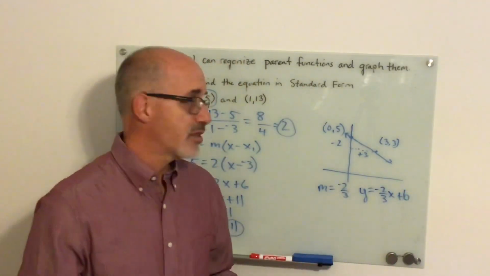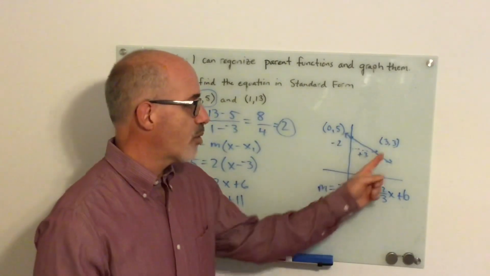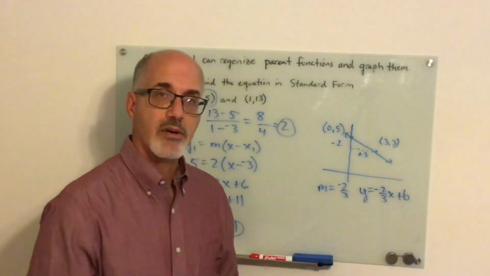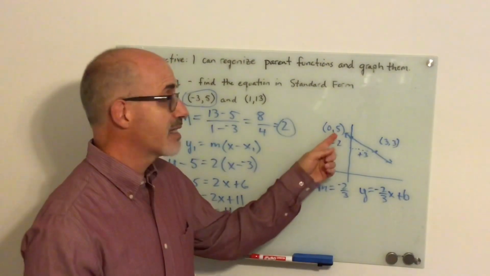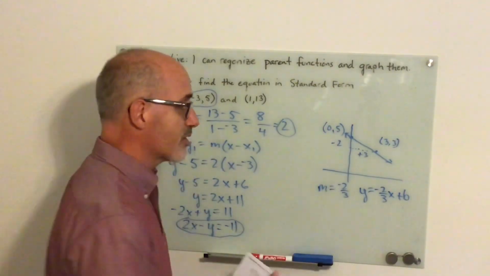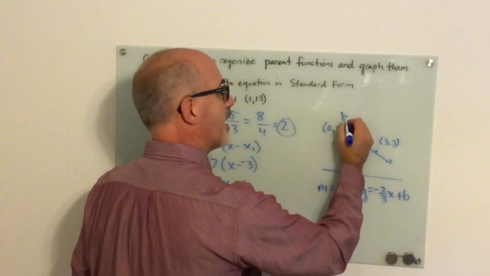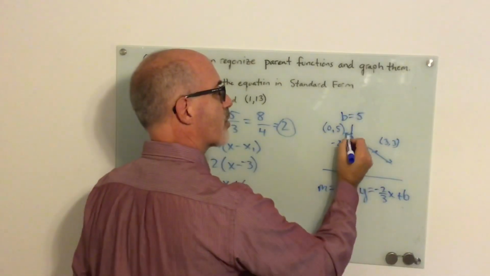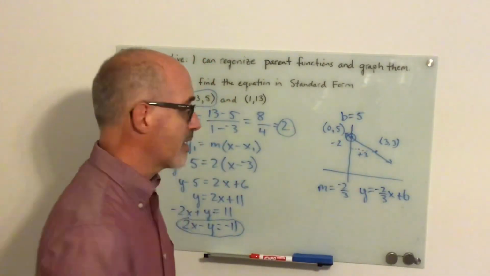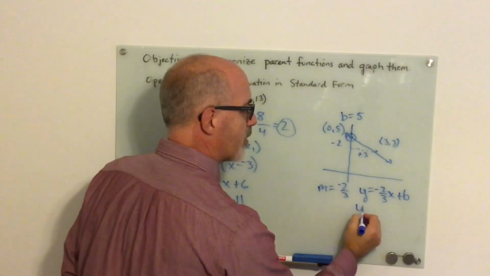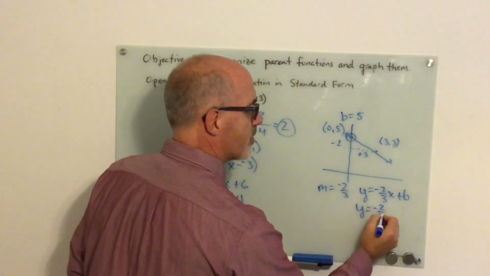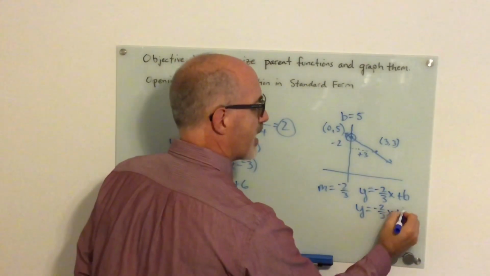Now we have 2 options here. We could put in either ordered pair for x and y and calculate b, or recognize that the 5 is the y-intercept. This means b is equal to 5 because that's where it crosses the y-axis. So our equation is y equals negative 2/3 x plus 5.